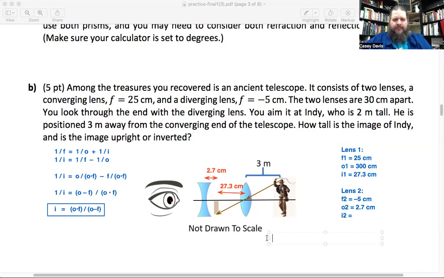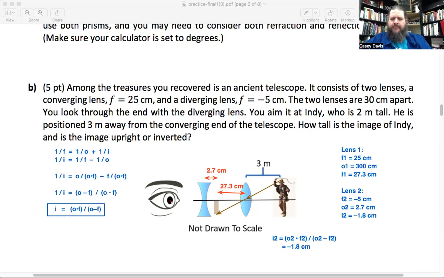So that'll be, again, image is O times F divided by O minus F. Filling in, I have negative 1.8. Yeah, that should do it. About negative 1.8.